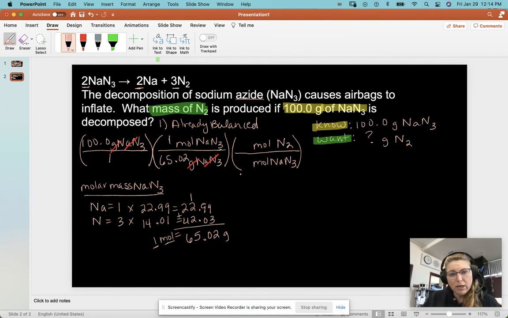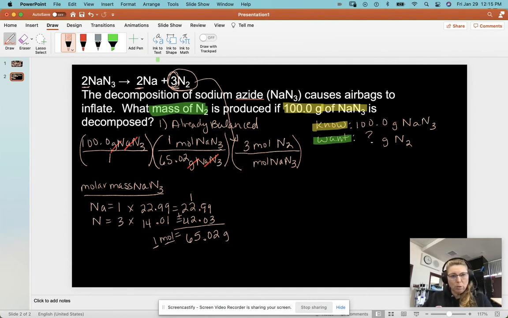So remember that in our mole ratio, where we get the numbers to fill things in, we're not doing atomic mass here. What we're doing is looking at the balanced equation and finding the coefficients. So the coefficient for N2 is right here in the equation. The coefficient is 3, so I'm going to put a 3 right here. That's where that 3 came from, our balanced equation.